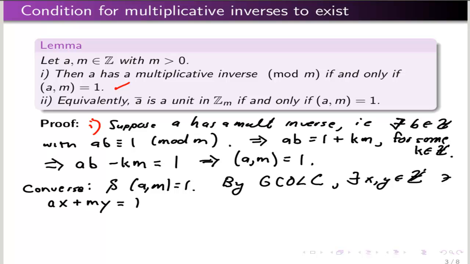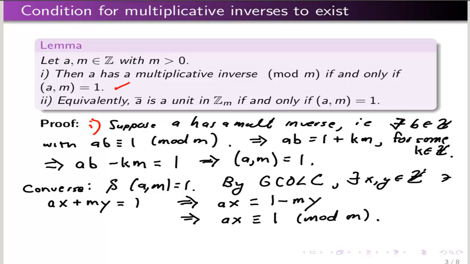So 1 is a linear combination of A and M. But that equation tells me that A times X is 1 minus M times Y, which means that AX is congruent to 1 mod M. And therefore, X is in fact a multiplicative inverse of A.